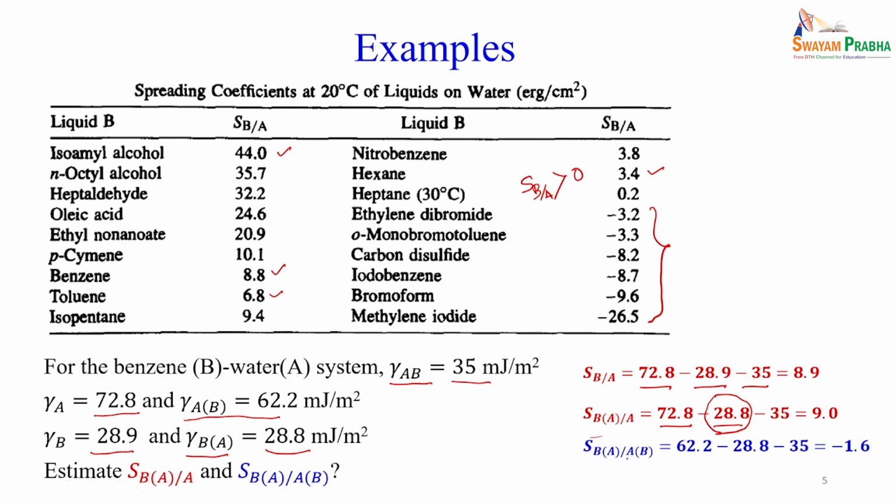But interestingly, if you calculate the spreading coefficient when benzene is saturated with water and water is saturated with benzene, there is now a decrease in the surface tension of the water. It will be 62.2 minus the decreased surface tension of benzene 28.8 minus the interfacial tension, and it comes out to be negative.